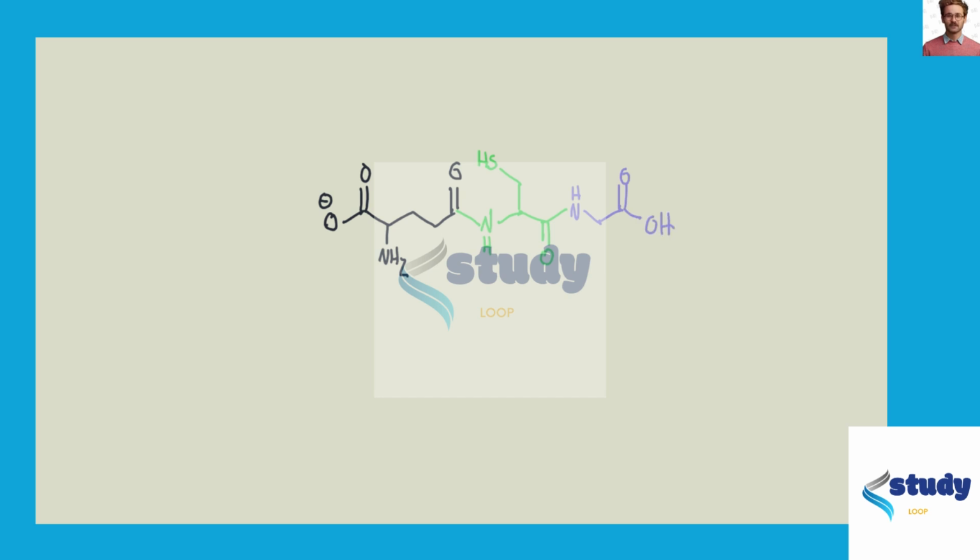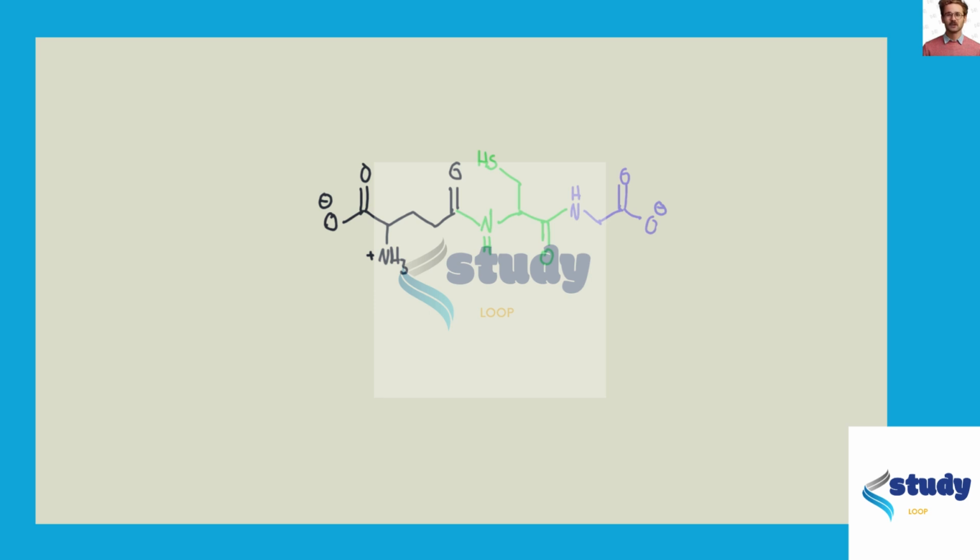Actually, let me make sure I get the charges to match, given the pH that we're at in this picture. Let's see. We want to do ammonium here. And I think all the other charges are correct. Yes, this looks good.